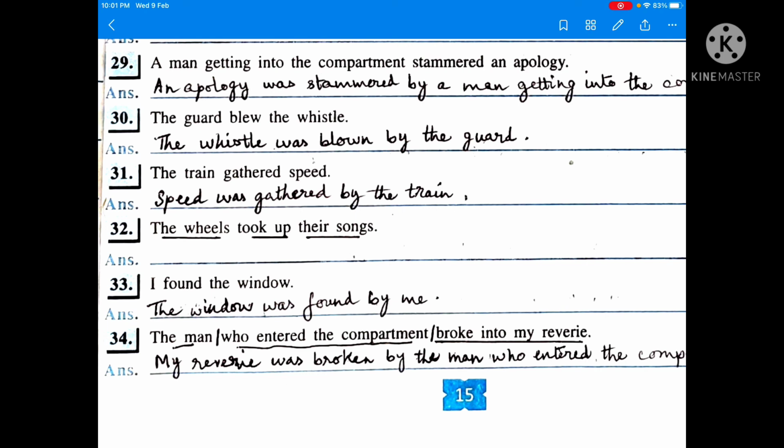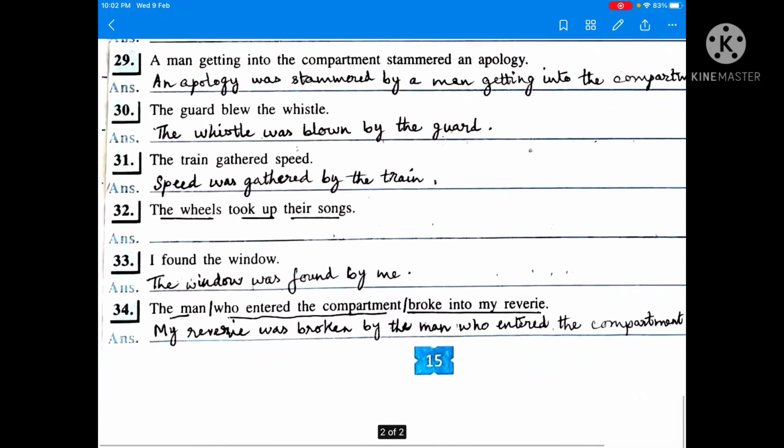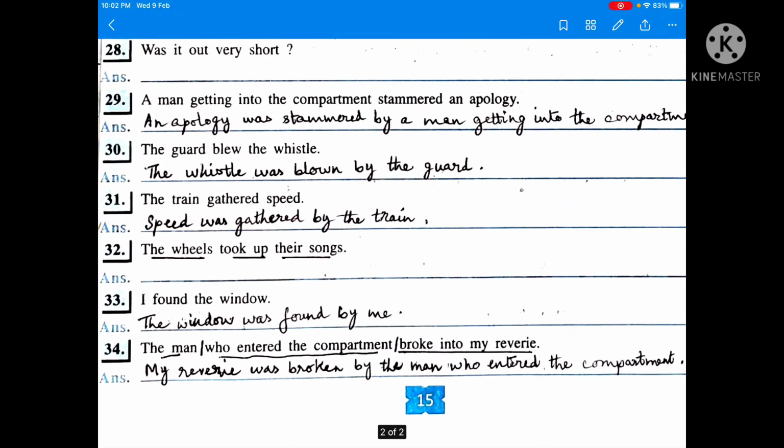I have to change one clause into passive voice and another clause remains the same. My reverie was broken by the man. The subordinate clause remains the same: who entered the compartment. My reverie was broken by the man who entered the compartment.